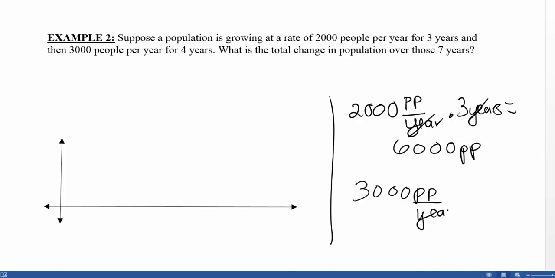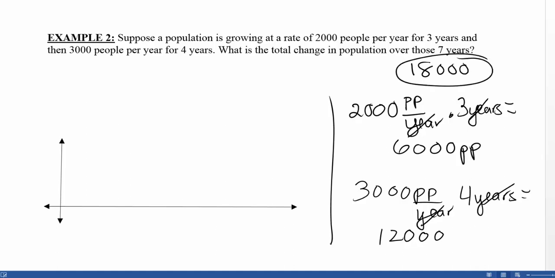And that time, it's for 4 years. So again, the years units are going to cancel. 3,000 times 4 is going to give me 12,000. So I had 6,000 in my first years of growth and then 12,000 in my second years of growth. Adding those together, I get 18,000 people.